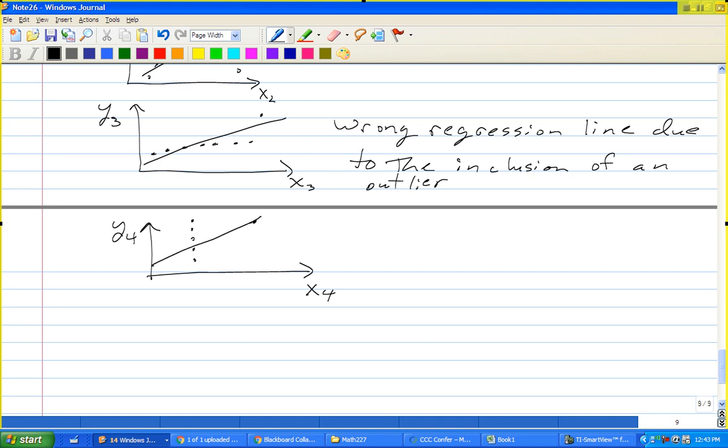So again, it's a wrong regression line due to the inclusion of an outlier.